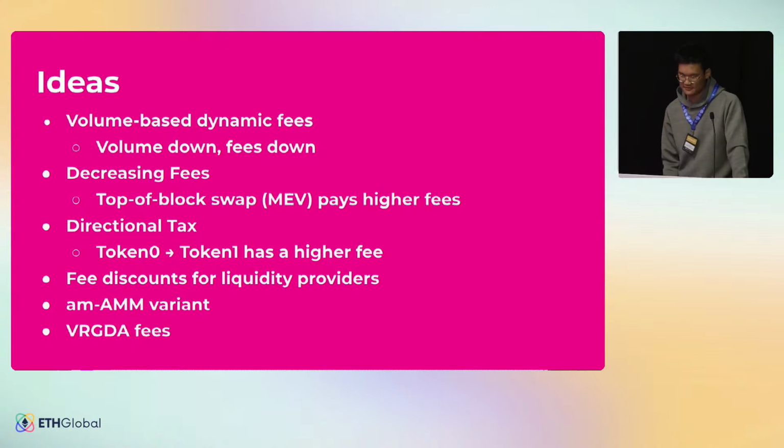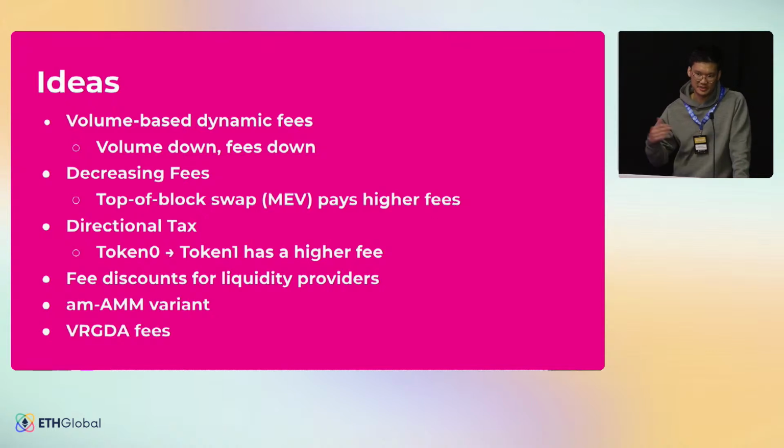You could do fee discounts for liquidity providers or high volume traders, because like I said, you could do fees at the transaction level and at every single swap level. I don't know if you guys are familiar with the am-AMM. It's the new auction AMM design from Dan Robinson and Austin Adams, where they auction off the rights for somebody to set the dynamic fee.